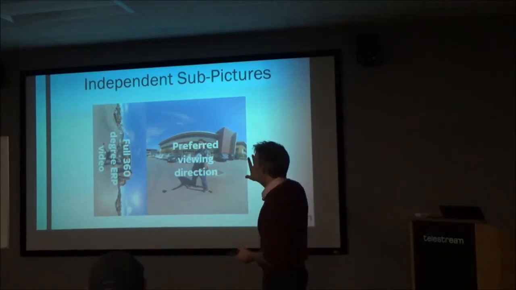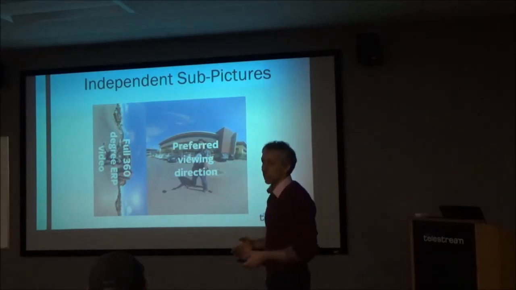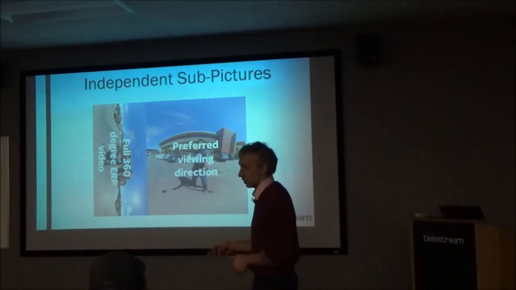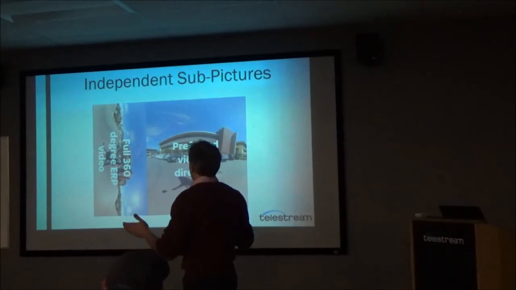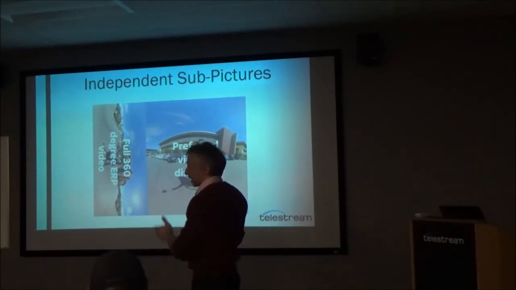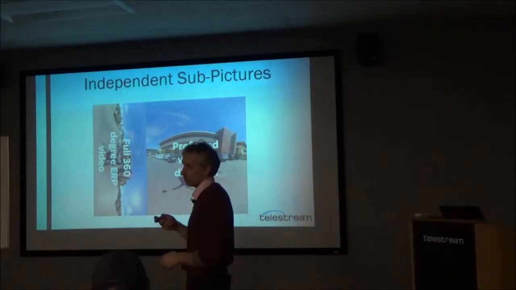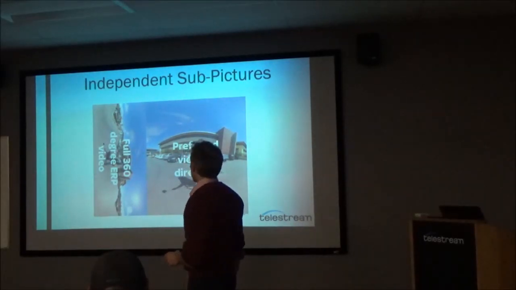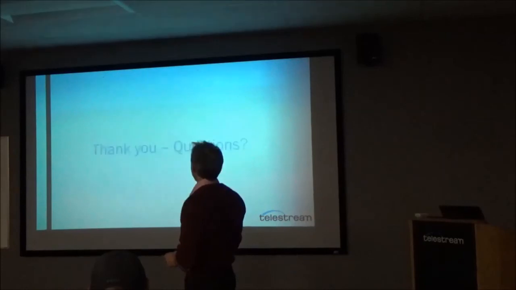But you can pick out either the preferred one or the 360 one, depending on what it is that you're actually doing. So both are encoded, but the codec allows you to take sub-pictures out of that encoded picture. Phew. I think we're done.